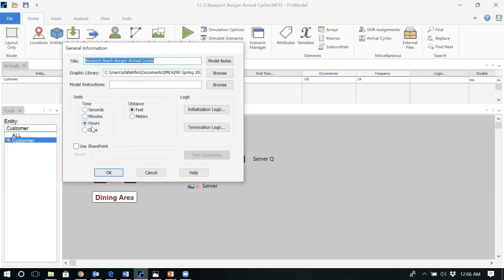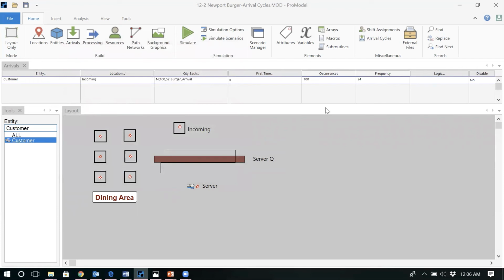It just happens that I chose hours to be the default unit of time in this system, but you don't have to do that. You can keep the unit of time as minute if you want, then write the inter-arrival time in terms of the minutes, okay? But I decided to pick the unit of time as hours, and then here I'm just going to enter 24, and I don't need to worry about putting the unit of time here.